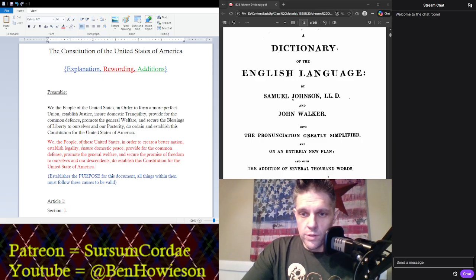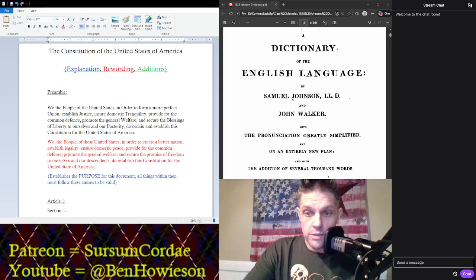So the stated goals here, let's read it again. We, the people of these United States, in order to create a better nation, establish legality, ensure domestic peace, provide for the common defense, promote the general welfare, and secure the promise of freedom to ourselves and our descendants, do establish this Constitution for the United States of America. Pretty solid reasons. All good stuff. We're going to make some place that's better than the corrupt place we were before.